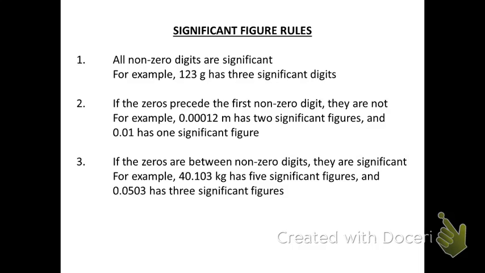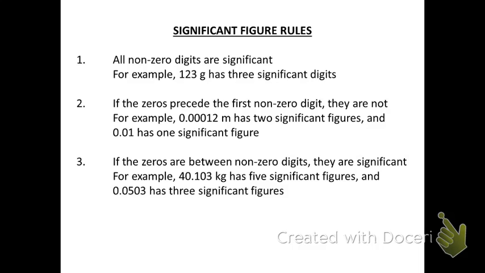Zeros can be a problem because sometimes zeros are significant and other times they're just placeholders and therefore they're not significant. So we have to look at zeros and decide, are they just placeholders or are they actual significant digits? So these rules will help us to understand what to do with zeros.